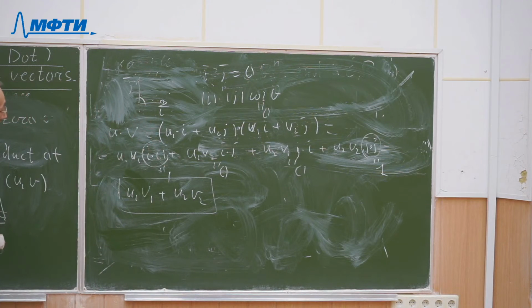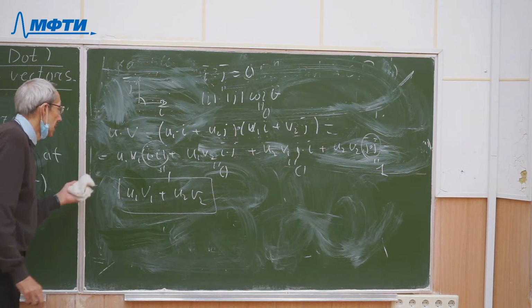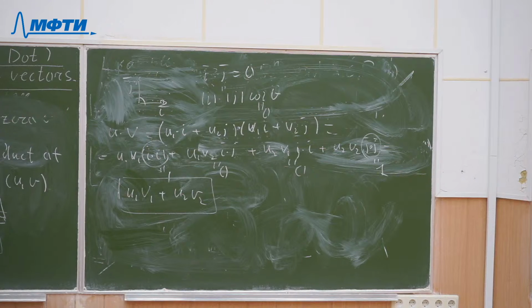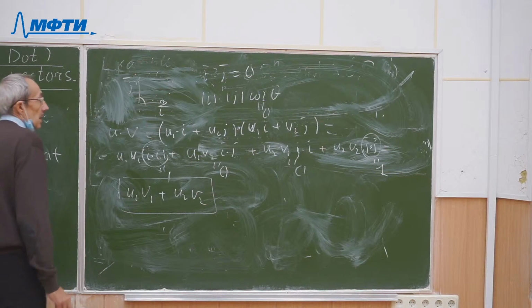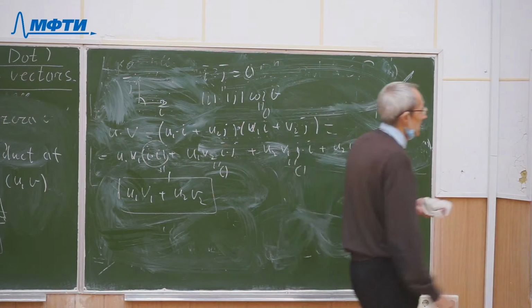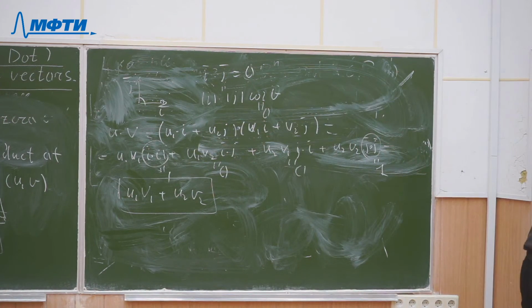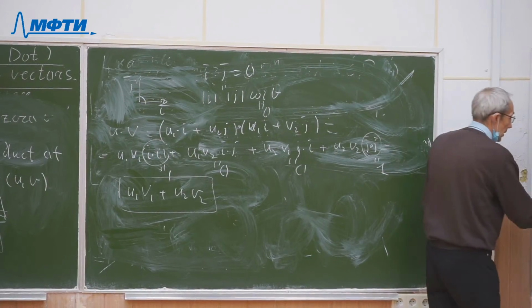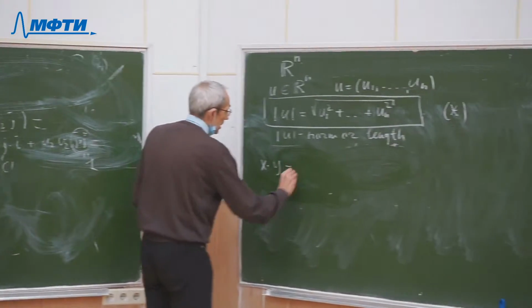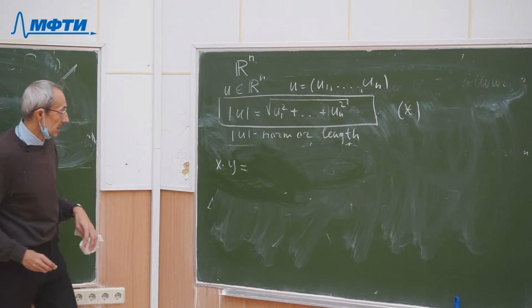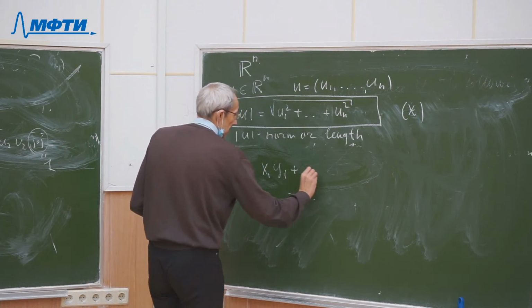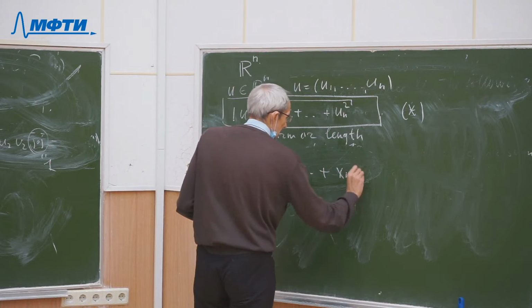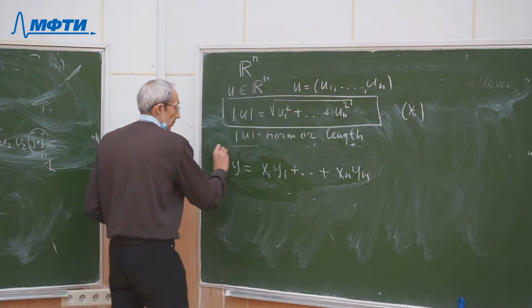And we can generalize this formula for the scalar product in the abstract arithmetical vector space Rn. If we have abstract vectors x and y, we can define the scalar product by such formulas.